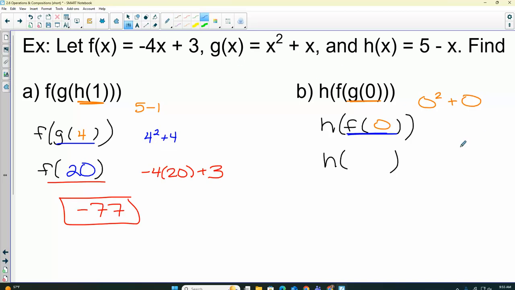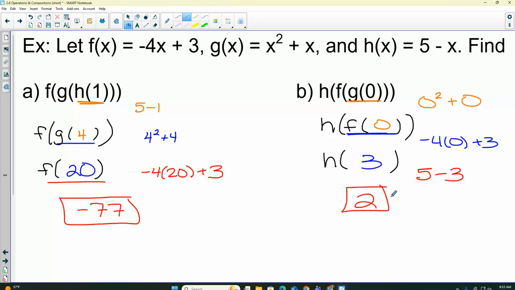So I go to function f, replace my x with a 0, and we get 3. Then it wants h of 3, so I go to function h, plug in a 3, 5 minus 3 gives me 2. Looks like we're doing pretty well with these. Are there any questions so far?